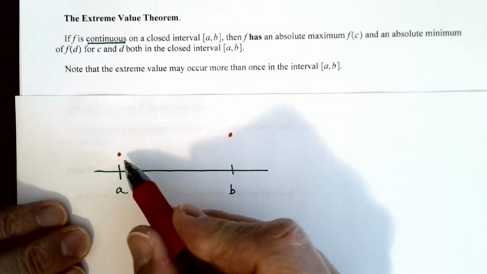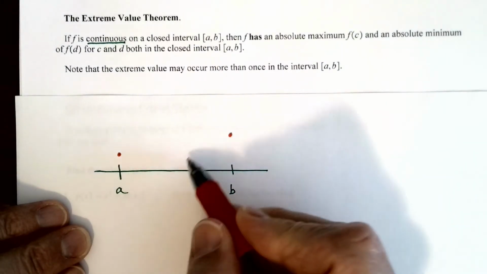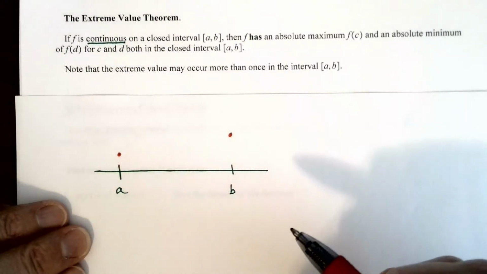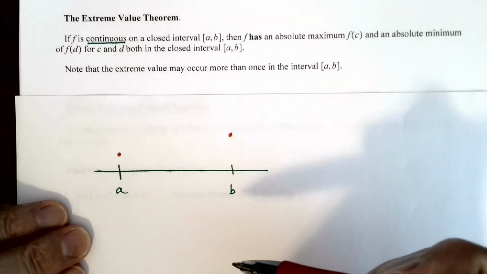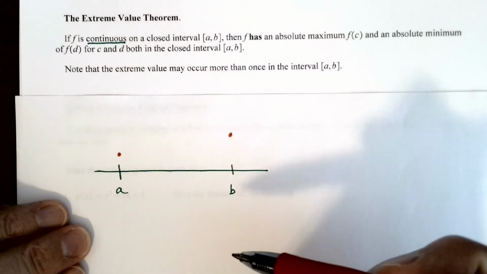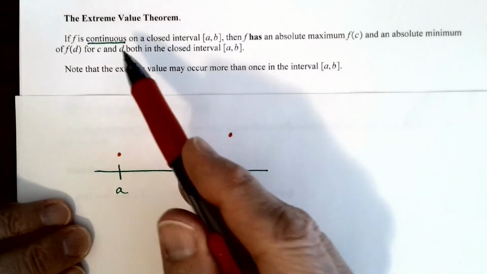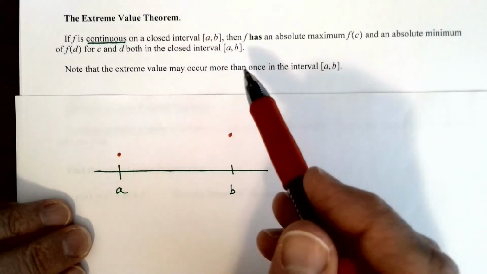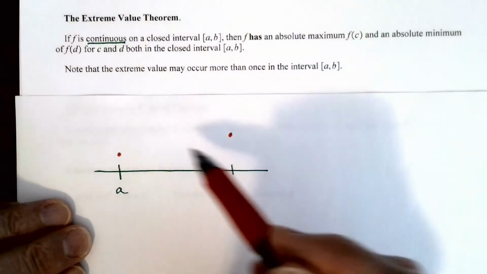Could you draw a function connecting these two points that is continuous and doesn't have a max or min? This theorem says no, you can't. Well, what if the function is not continuous? Then yes, I can draw it in such a way that it doesn't have an absolute max or min.